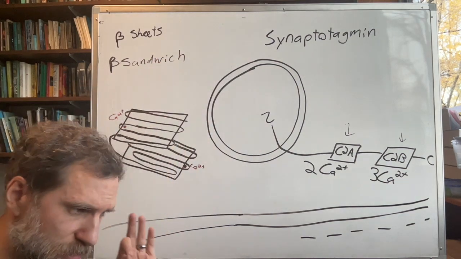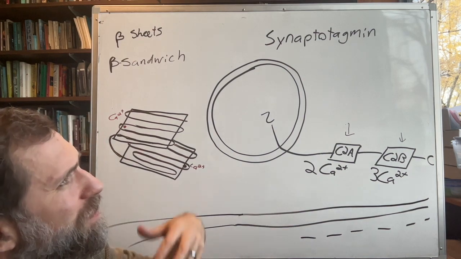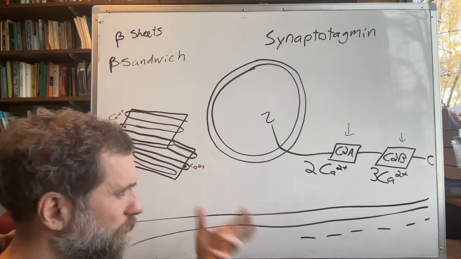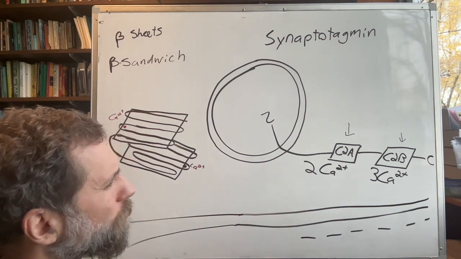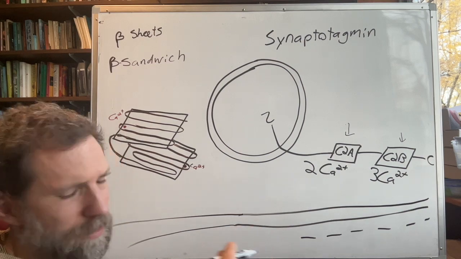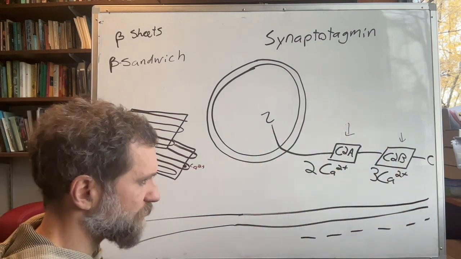So an action potential is fired in the neuron, it reaches the axon terminal, and we know that this stimulates the membrane, the change in the membrane potential activates these voltage-gated sodium channels. I'm sorry, the voltage-gated calcium channels, and calcium floods in.